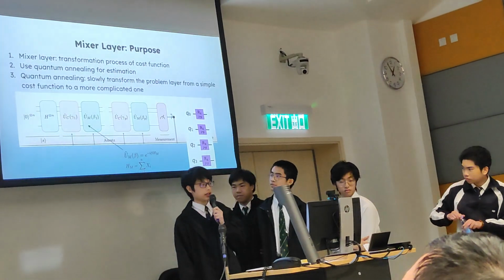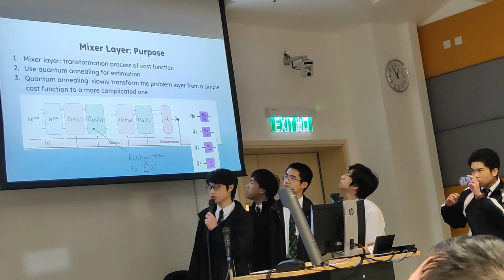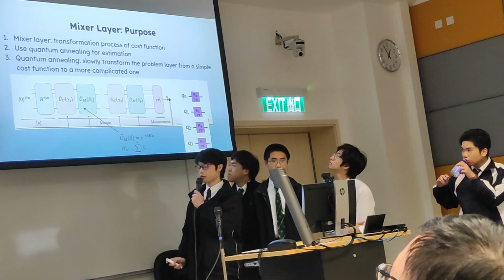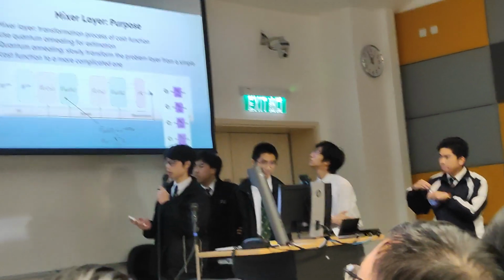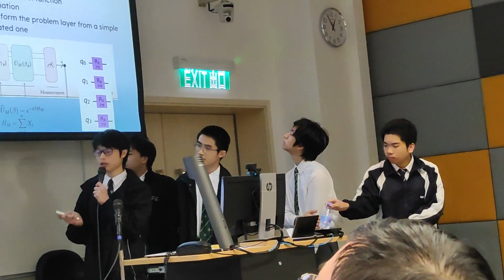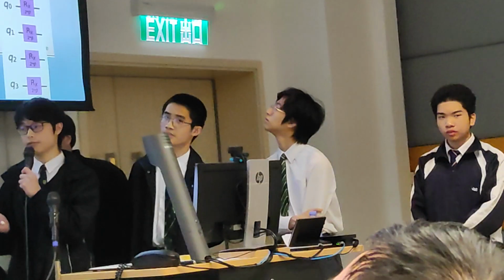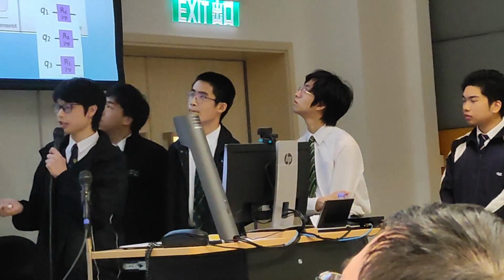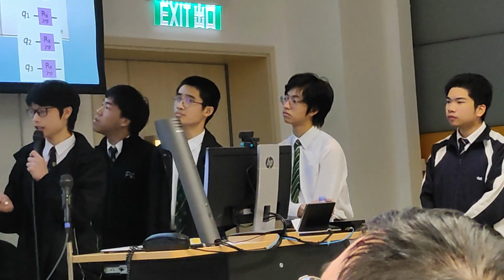So now back to the mixer layer. The mixer layer allows the slow transformation of the problem layer. Since the Hamiltonian of the mixer layer is basically just Pauli X gates, it ensures that the ground state can be easily found.